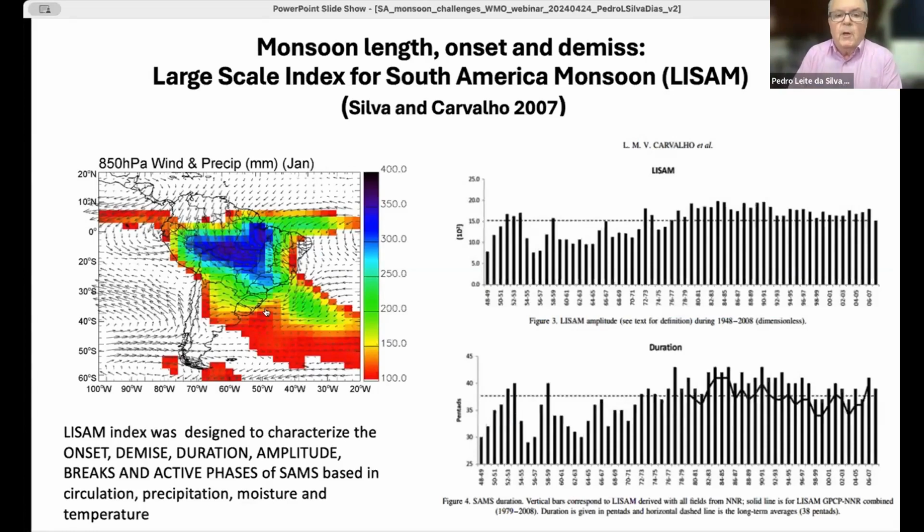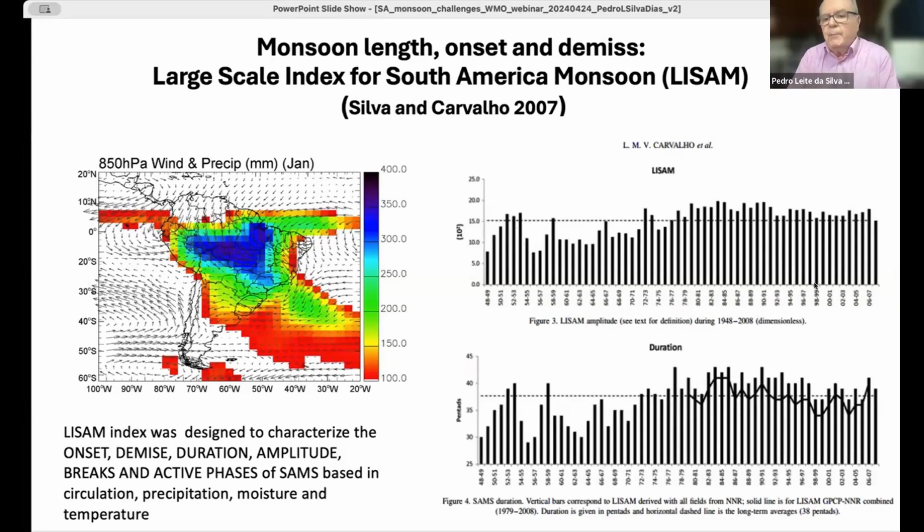Something else that the users, both in agribusiness and renewable energy, are very much concerned about is the length of the rainy season. There's this paper by Silva and Carvalho, 2007, where they define it using principal component analysis of circulation and temperature, moisture, and precipitation.